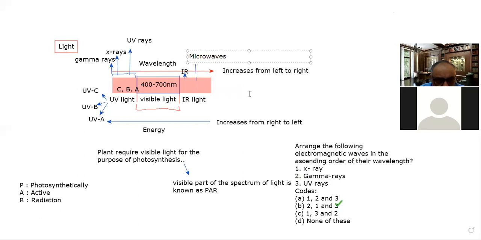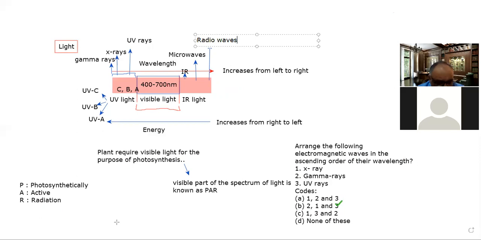And after the microwaves, the next part is the radio waves. So please bear this in mind, for the purpose of your examination.